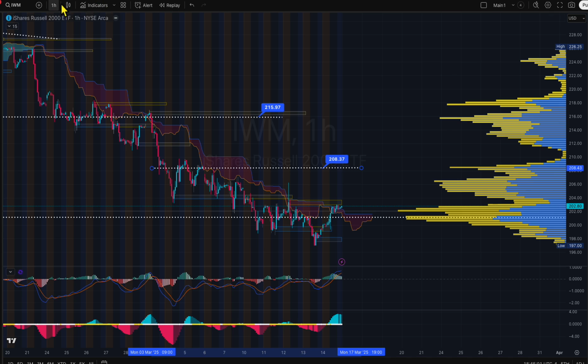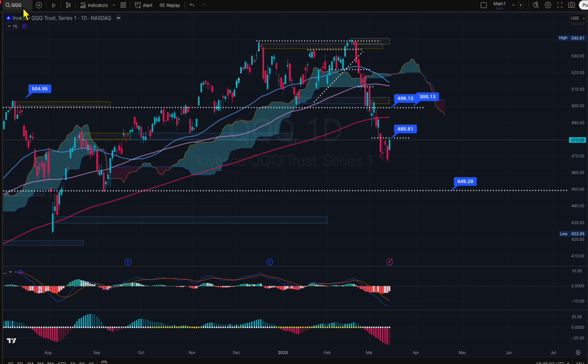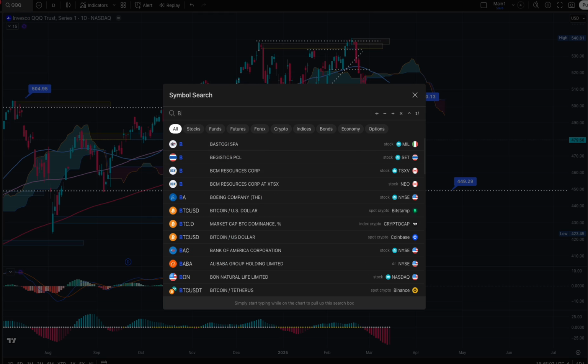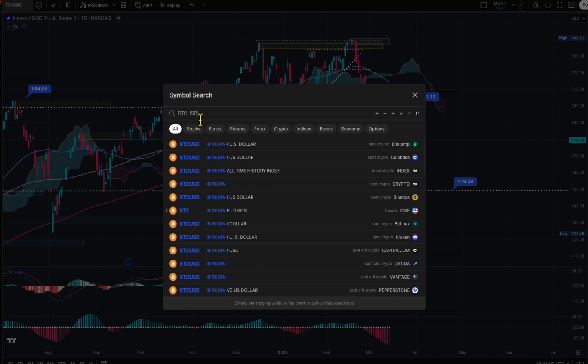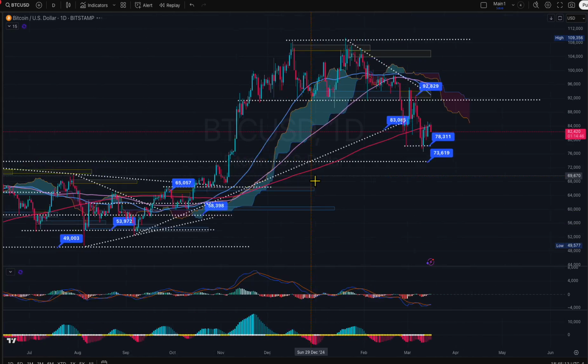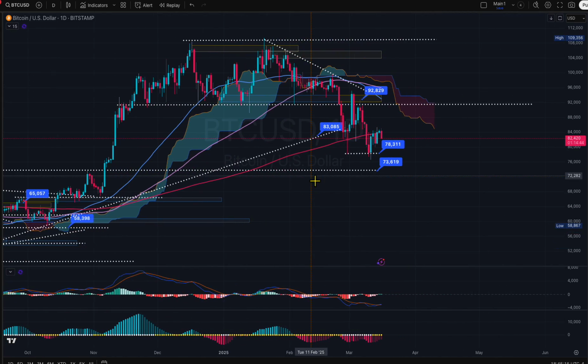Now we're gonna look into Bitcoin, folks. So what Bitcoin is doing. So let's take a look at the Bitcoin, BTC USD. All right. So man, folks, I can tell you something. Okay. Bitcoin not looking good. They're still trying to find a bullish divergence here. We had a bounce, 200 SMA, 150.